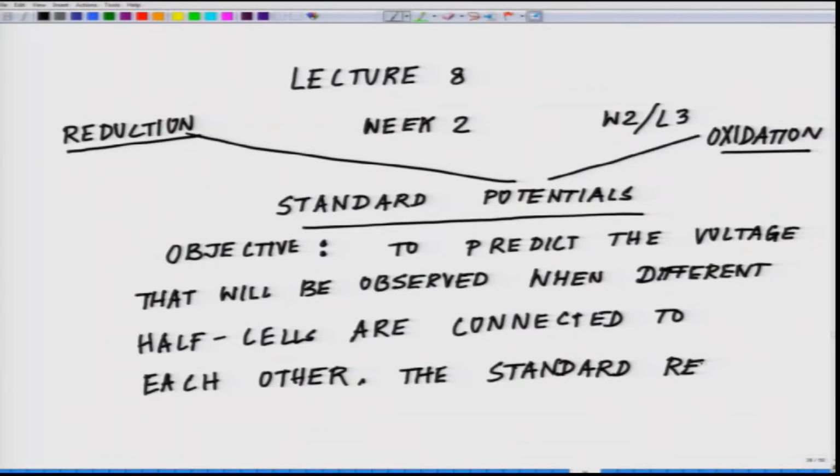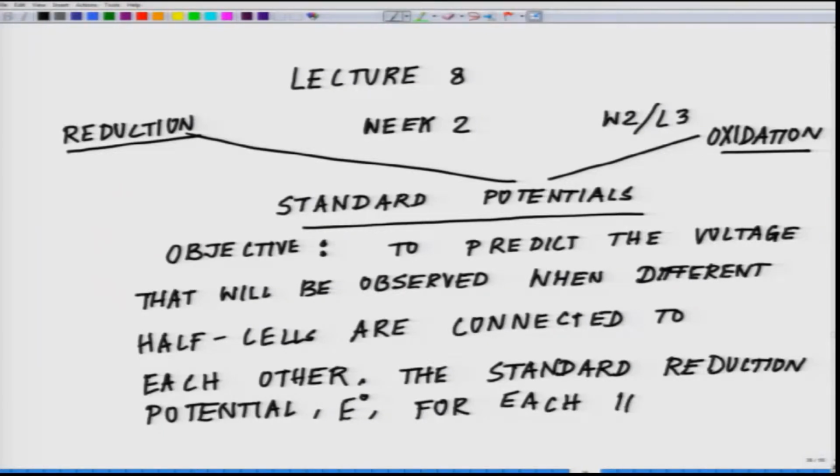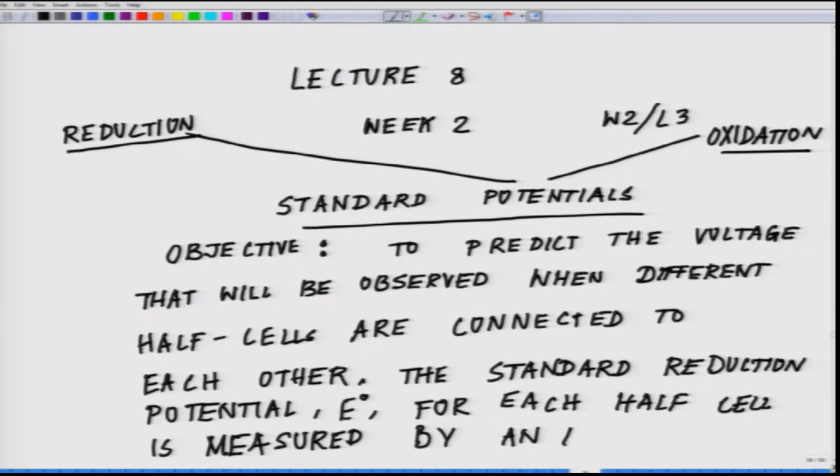The standard reduction potential, which is denoted by E naught for each half cell, is measured by an experiment. We will come to the experiment, how you measure it.